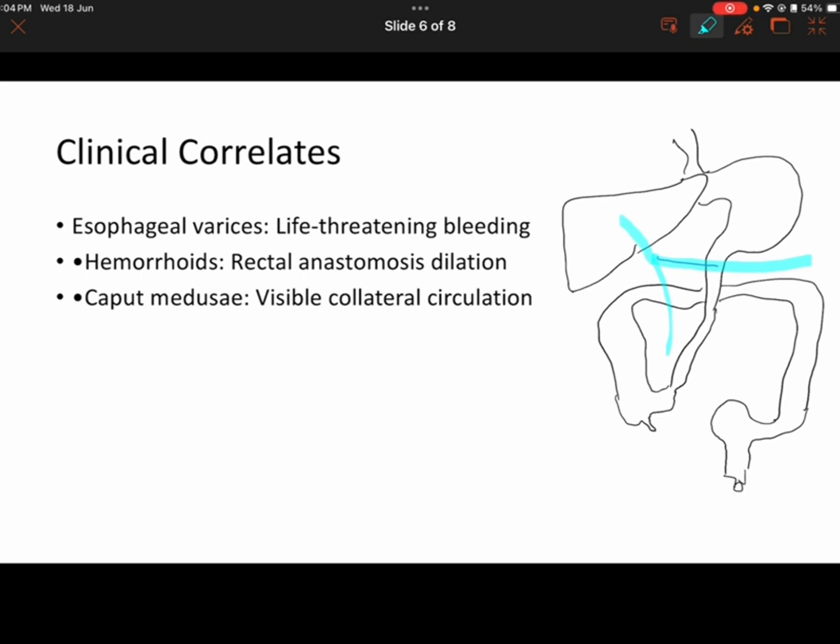If there is any kind of obstruction in the portal vein, so what will happen?